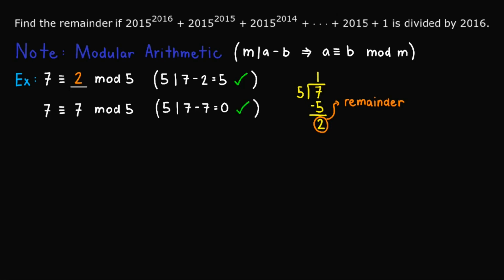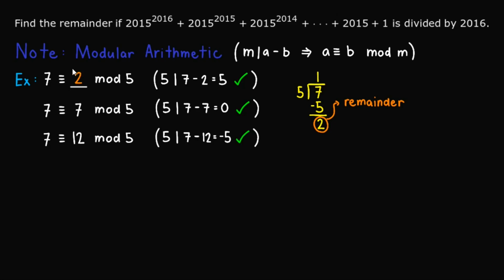And if we check, 5 divides 7 minus 7, which is equal to 0, and we know this to be true since any number divides 0 always. If we add another 5, we'll have 7 is congruent to 12 modulo 5. Take note that this is also valid.